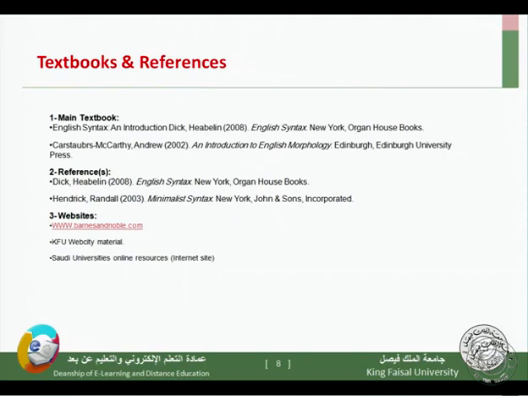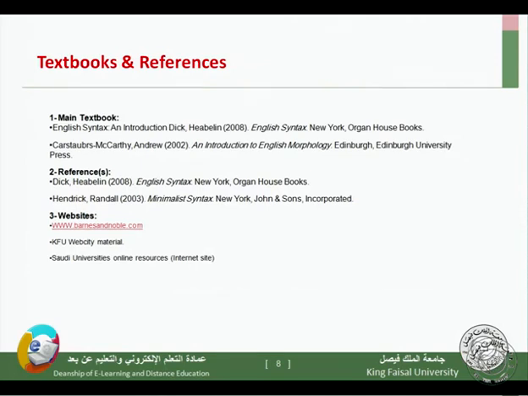These textbooks are very good textbooks and references, and we'll be talking more about the main textbook later on, but these are the textbooks for the time being. The main textbook, as you can see on the screen, is English Syntax: An Introduction by Haviland Dick. The other one is by Andrew McCarthy, An Introduction to English Morphology.